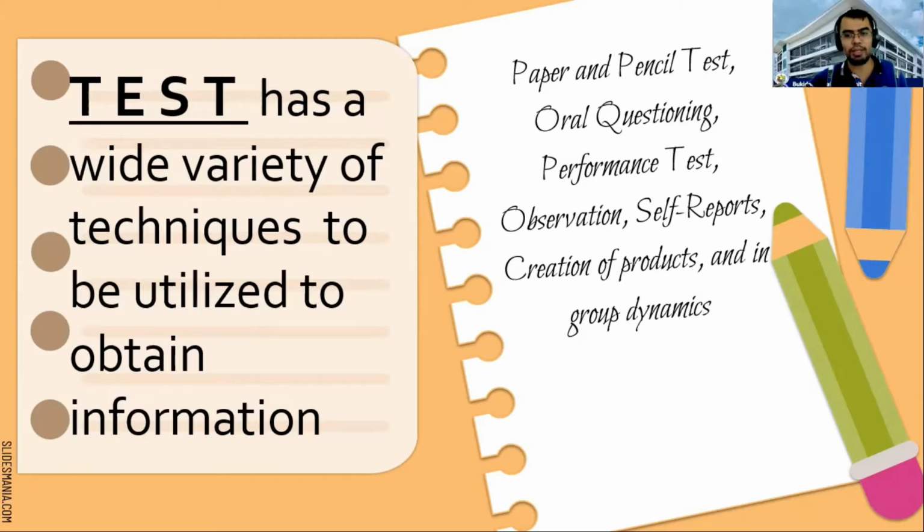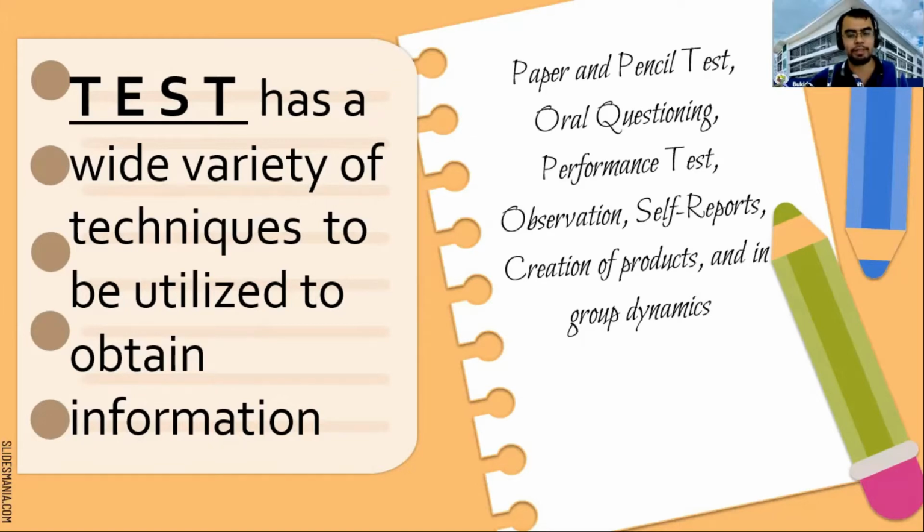You can document their performances, their outputs through your observations, even from self-reports. Students will write their reflection paper, their narrative report. Autobiography is an example of self-report, and we can get information about who they are from autobiography. Aside from that, we ask them to create products, and even in group dynamics.